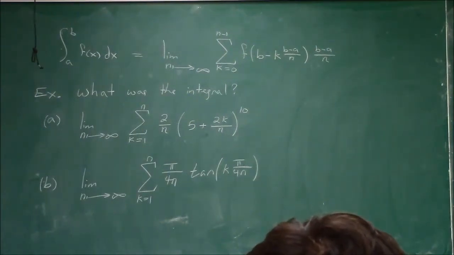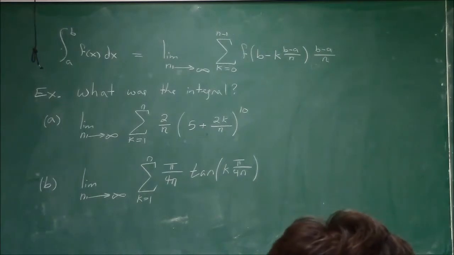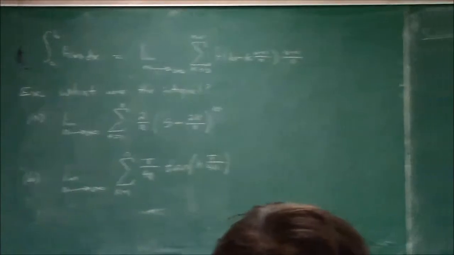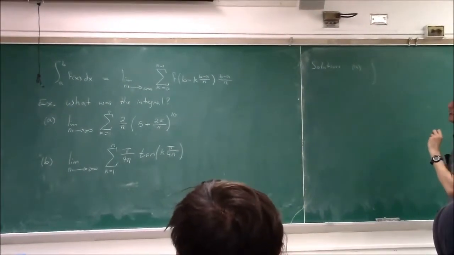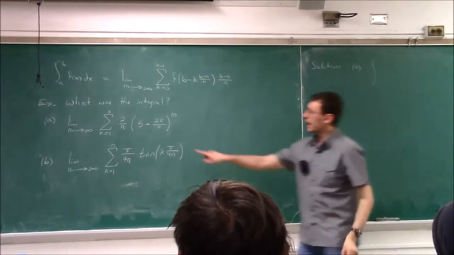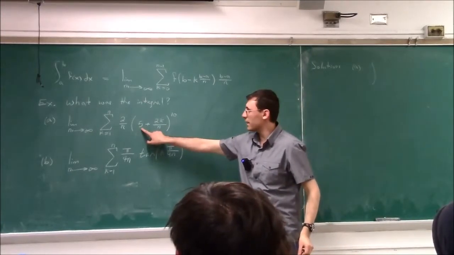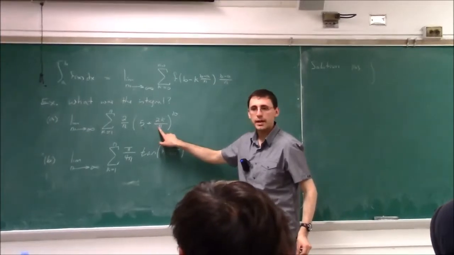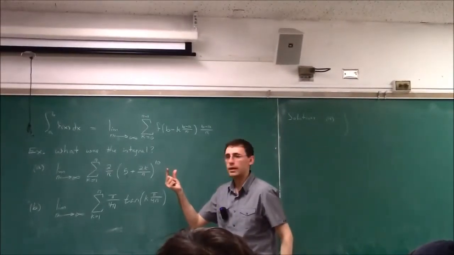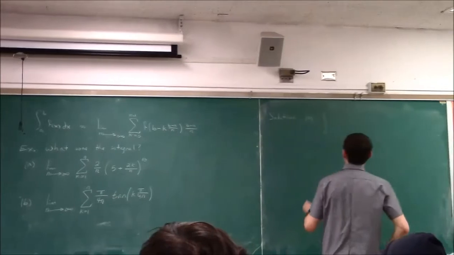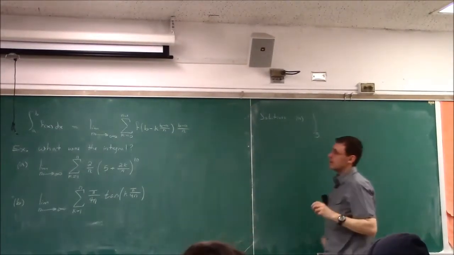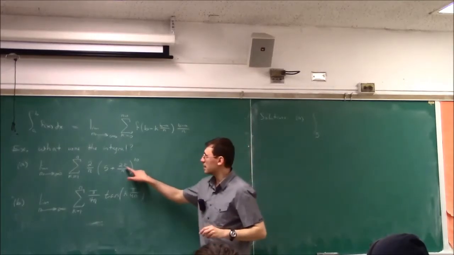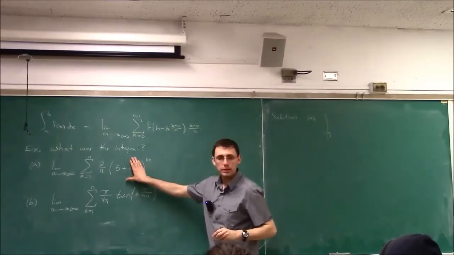Ready? So what can you say were the a and b? 5 and 7. Wonderful, you see that. Notice that we began here at 5. It looks like we're displacing from 5, and we displace by segments of width 2 over n. There is a very easy trick: plug in k equals 0, which gives you 5.